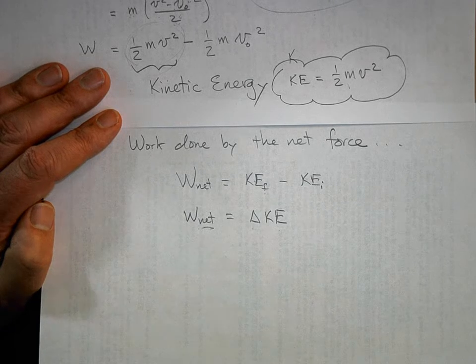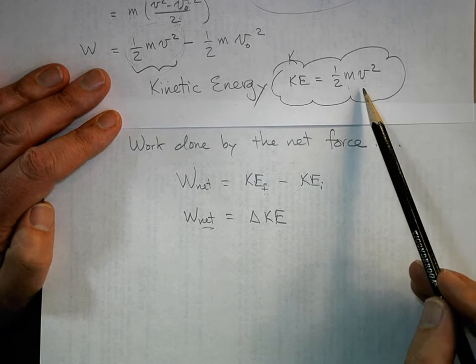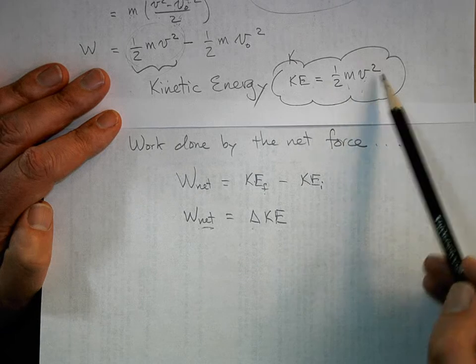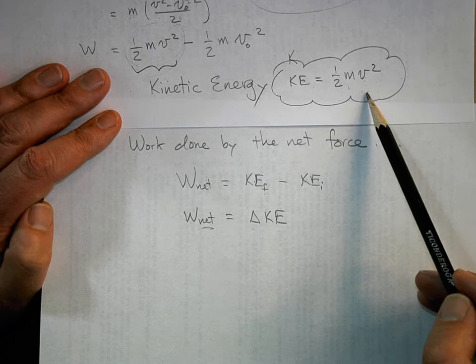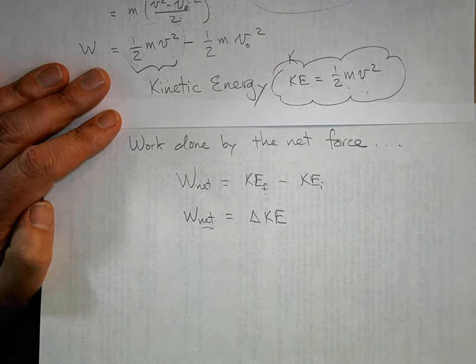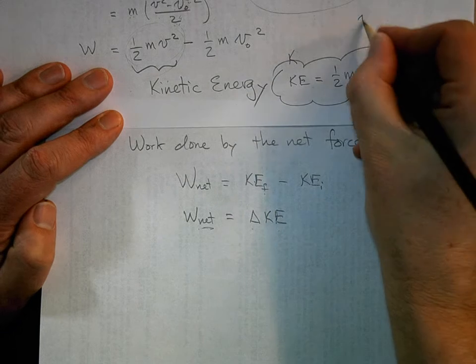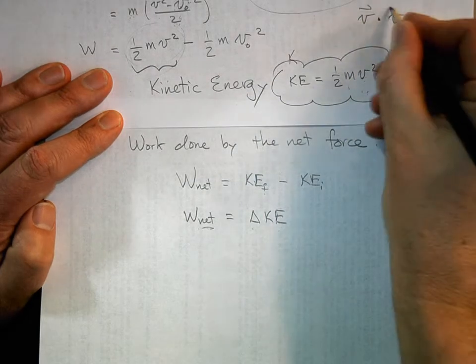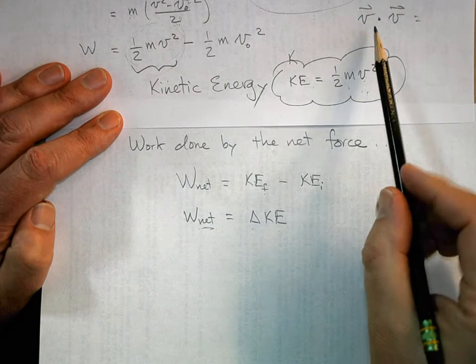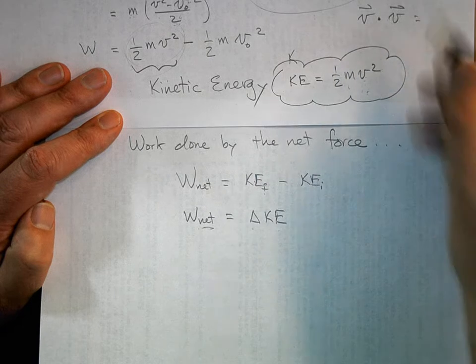But we're squaring this, and when you square a vector, because velocity is a vector quantity, isn't it? When you square a velocity vector, you're taking the scalar product of that vector with itself. Like this would be v dot v. Well, this is just the speed squared.